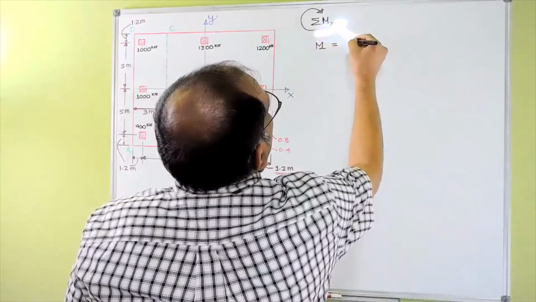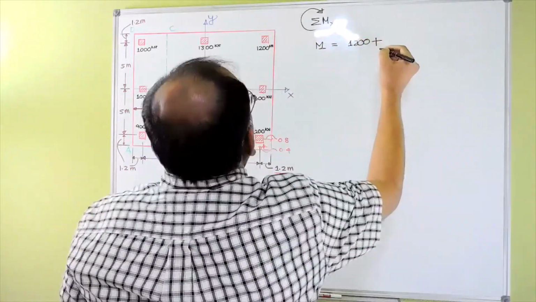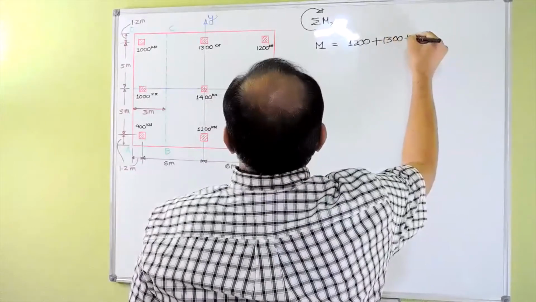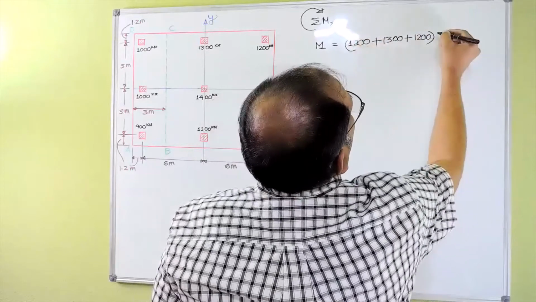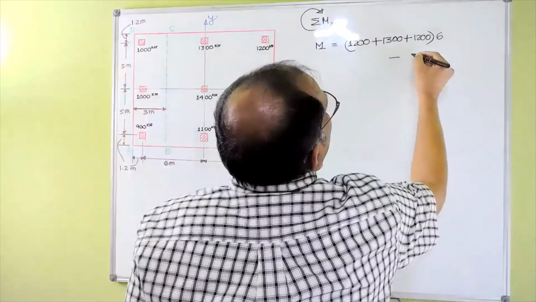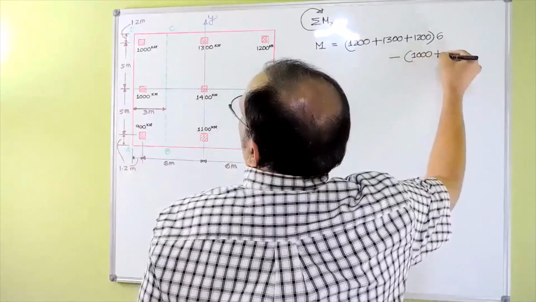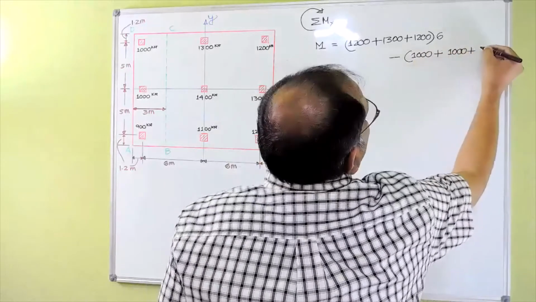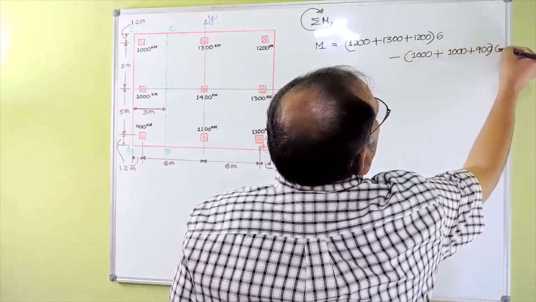this is equal to 1200 plus 1300 plus 1200 multiplied by 6, minus this side here, 1000 plus 1000 plus 900 multiplied by 6.